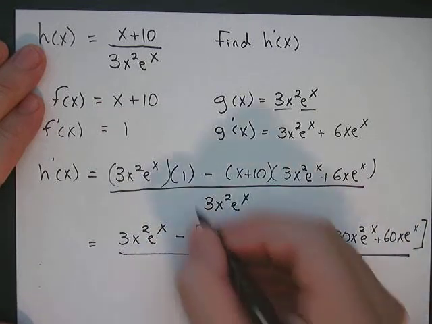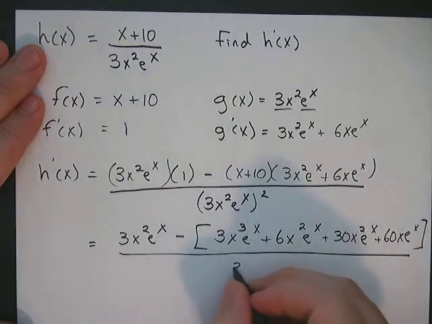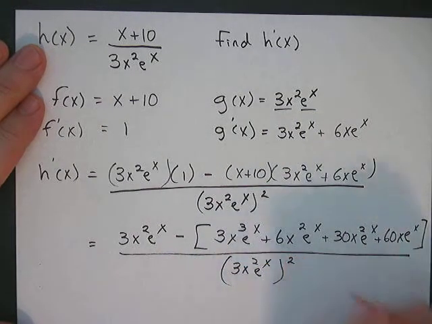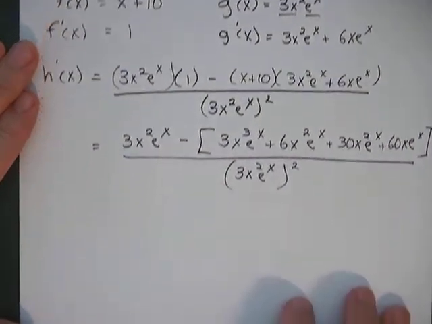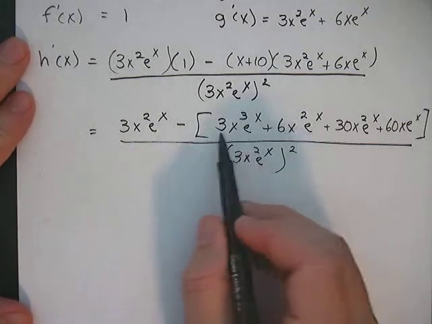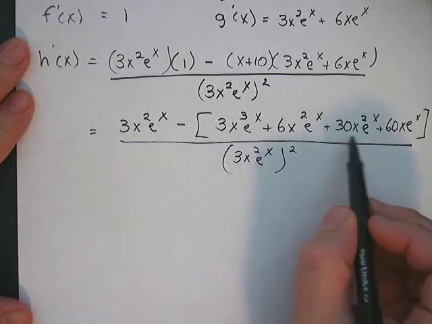Okay, the denominator, whoops, I forgot to square it in that last step. Remember the denominator squared. So 3x squared e to the x squared in the denominator. Okay, we can go ahead and combine like terms if there are any, and also distribute the negative sign. Let's see, there's no cubed terms in here. We do have a 6x squared e to the x and the 30x squared e to the x.